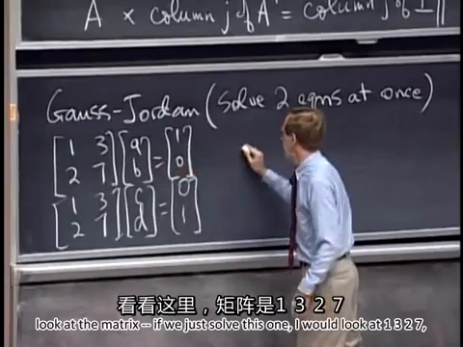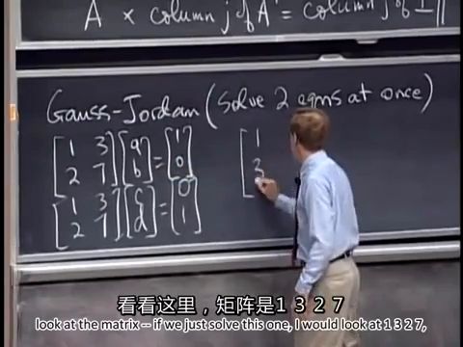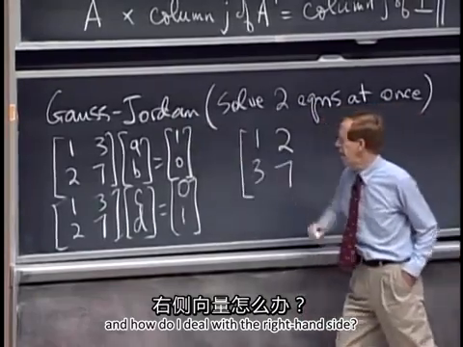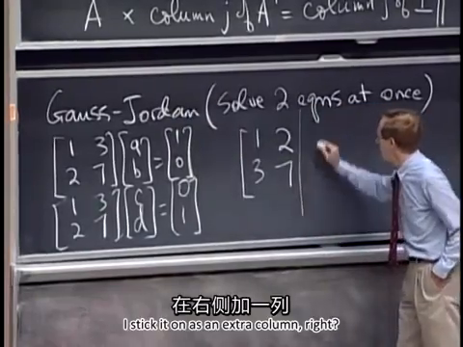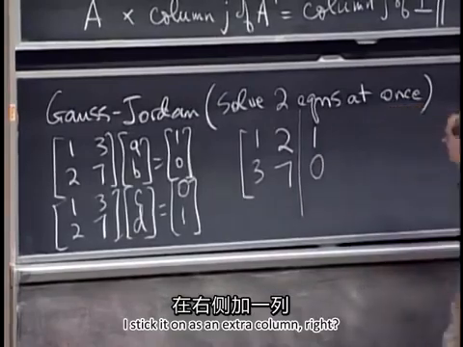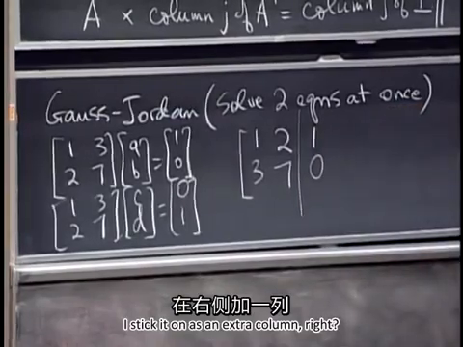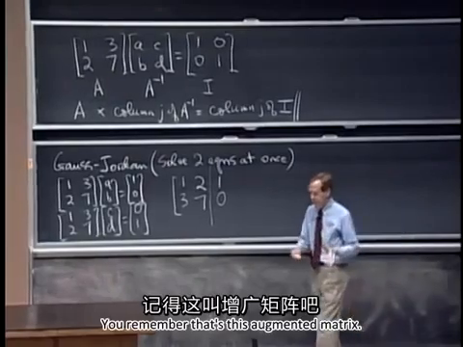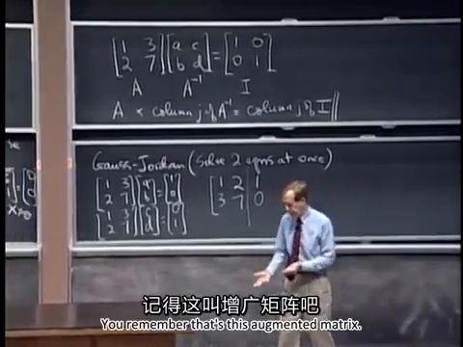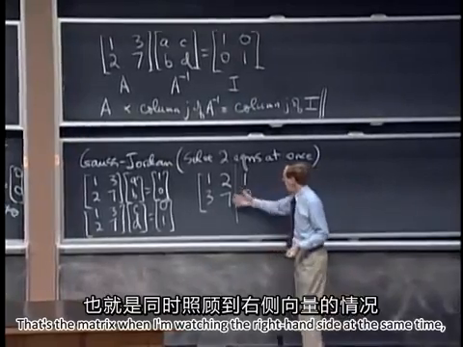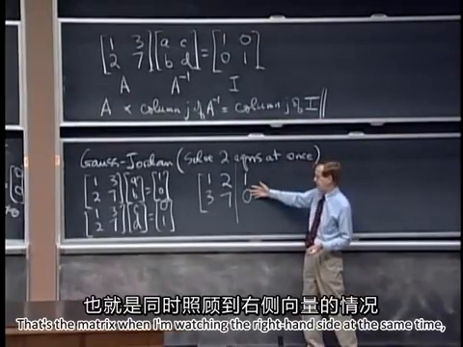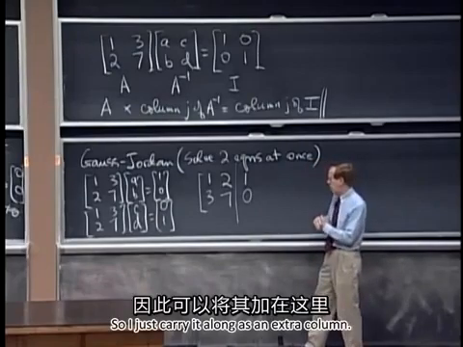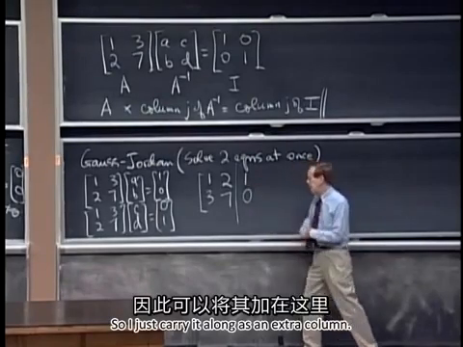Look at the matrix. If we just solve this one, I would look at 1, 3, 2, 7. And how do I deal with the right-hand side? I stick it on as an extra column. You remember that's the augmented matrix. That's the matrix when I'm watching the right-hand side at the same time, doing the same thing to the right side that I do to the left. So I just carry it along as an extra column.